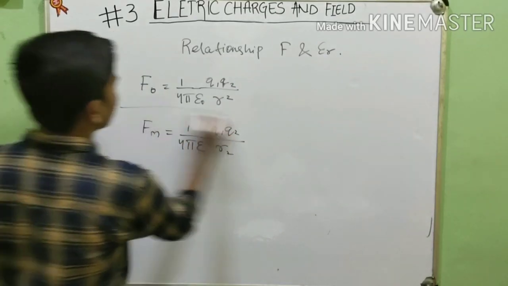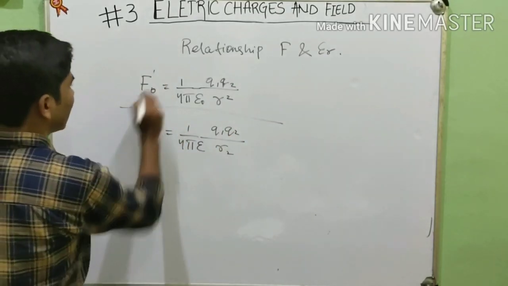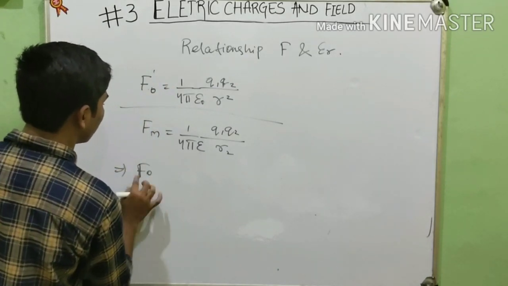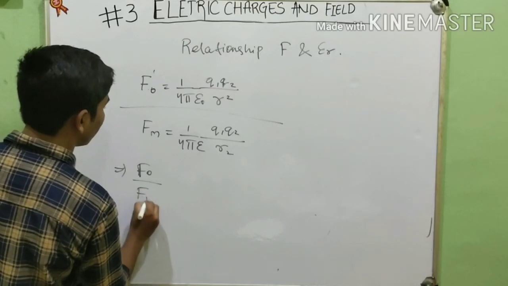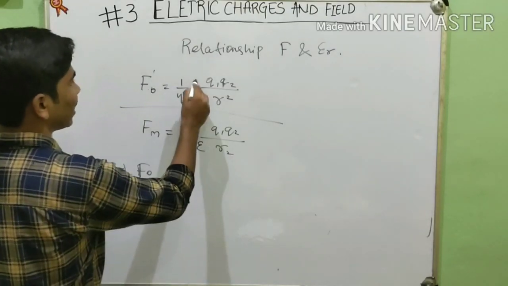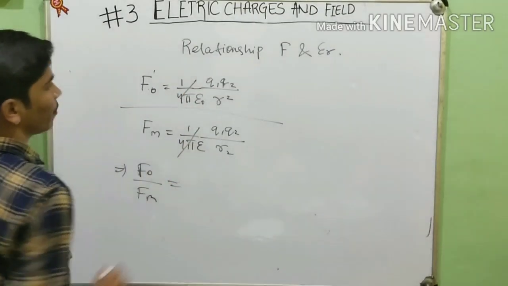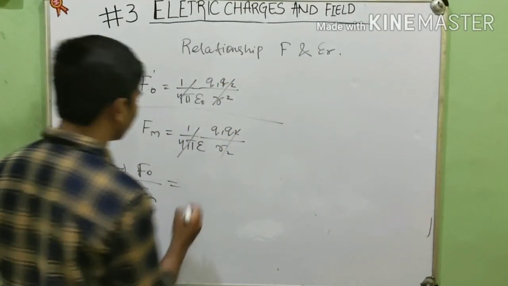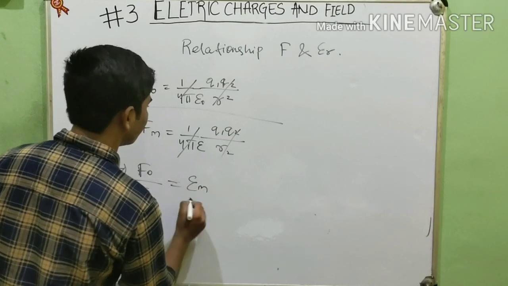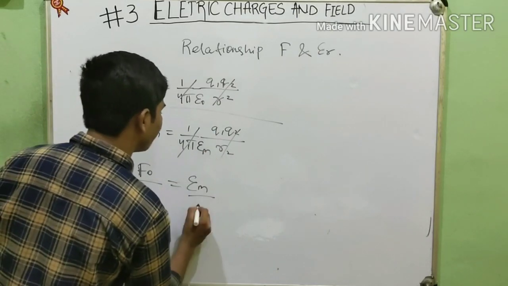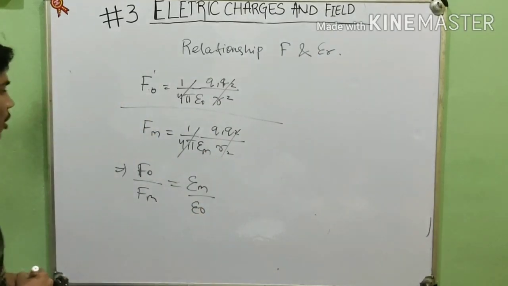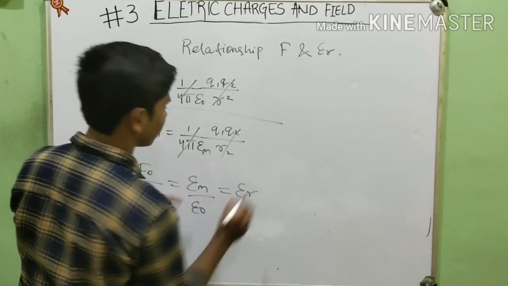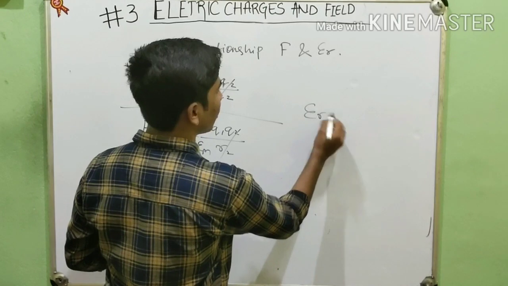Dividing these two equations, F naught, the force in air, by F medium, the force in medium, is equal to: 1 by 4 pi cancels, Q1 Q2 by r square cancels. What will be remaining? E medium by E naught. What is E medium by E naught? ER. What is the formula of relative permittivity?